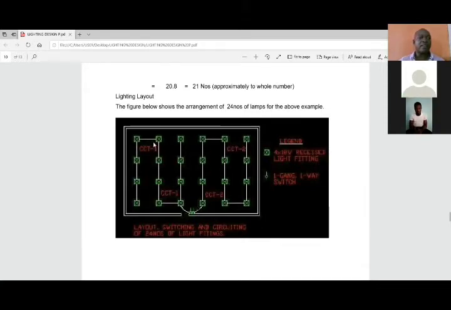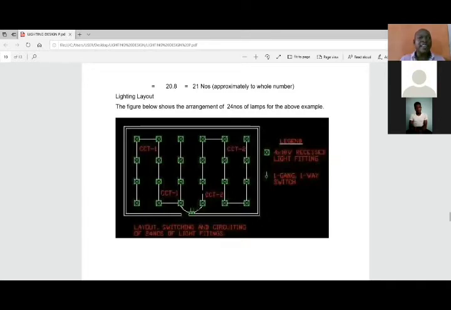Then you need to look at the best arrangement that can give you good configuration. If I go back to 21 as derived from our calculation, what are the multiples of 21 that I can get to adopt into this lighting layout in terms of arrangement? I can have 7 by 3. That should be it, 7 by 3 or 1 by 21, which will not work.